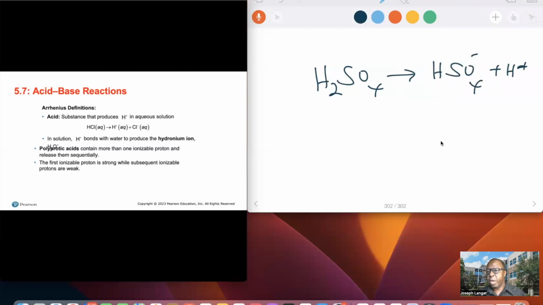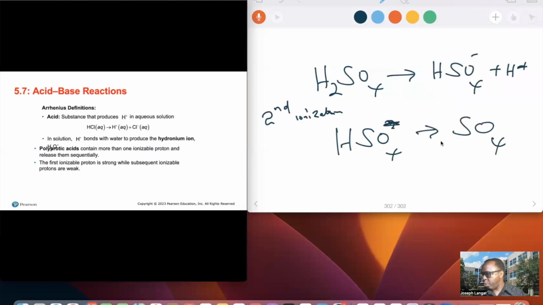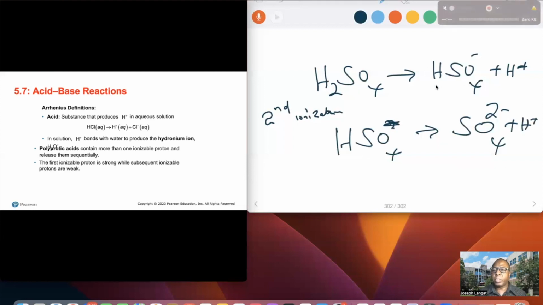We have removed one hydrogen. Now to remove this is the second ionization. It is very difficult to remove the hydrogen in this species. So I put negative there to form SO4 2 negative plus H plus. This is the second ionization. The first ionization here is strong, which means it can easily be given off.